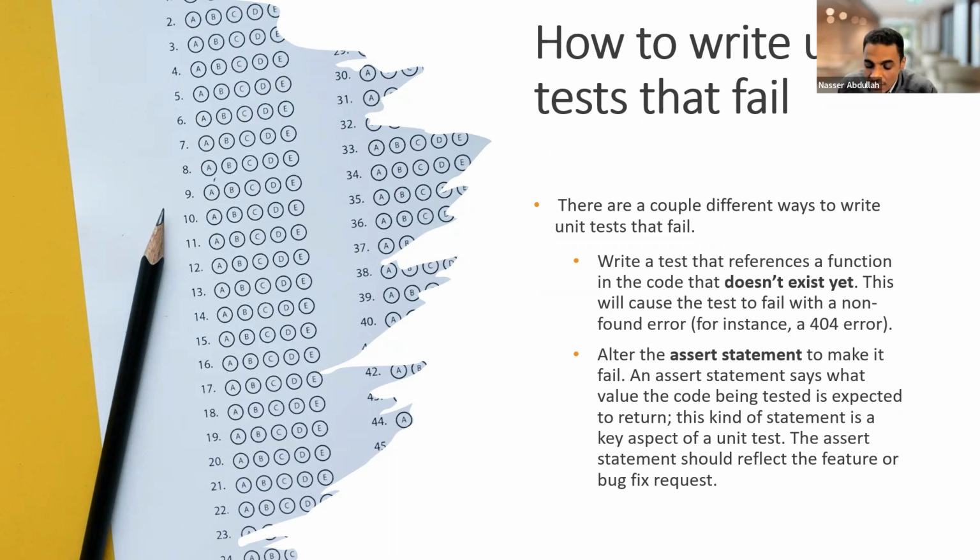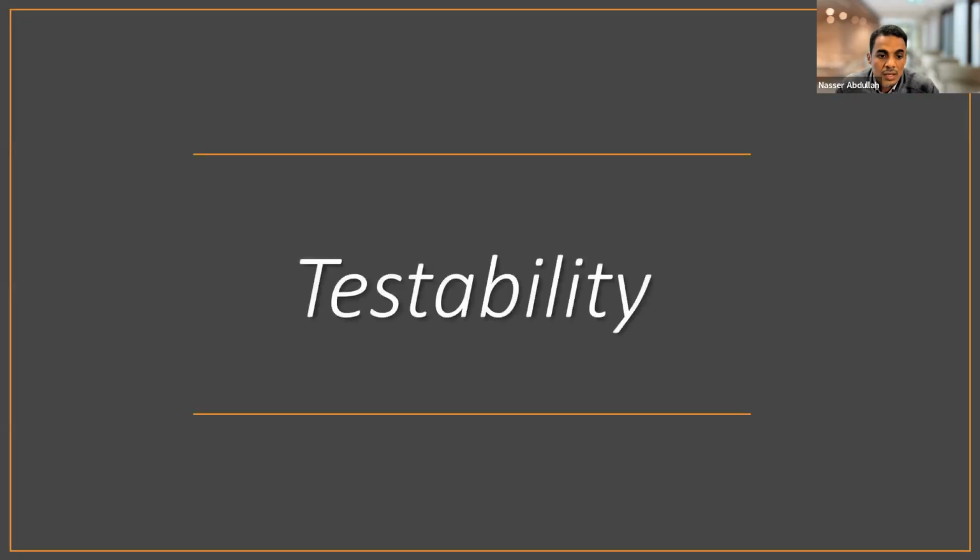The second, which is what we will use in the exercise, is the assert statement. Assert something, and it will alert or raise an error. You just say, okay, now we don't have any code, so this is an error. That's all. So this is how to write a unit test that fails your code. Okay, guys.